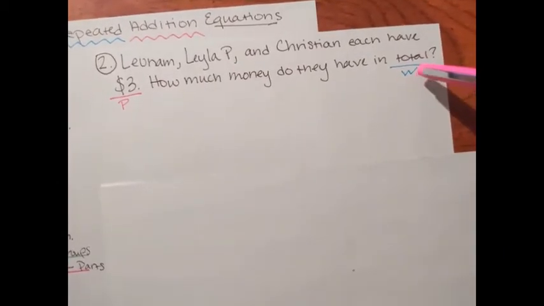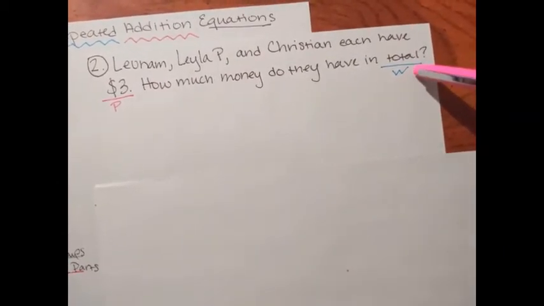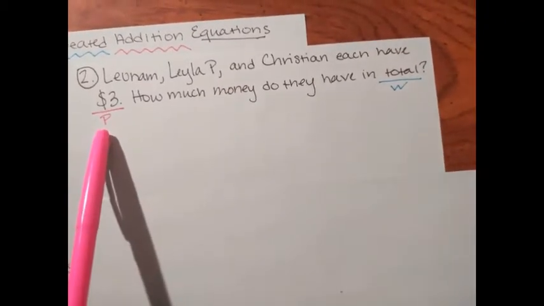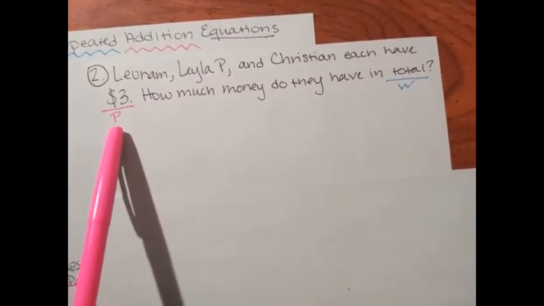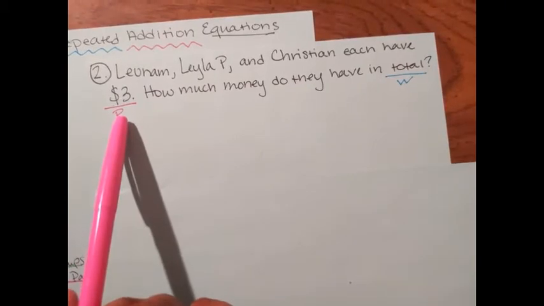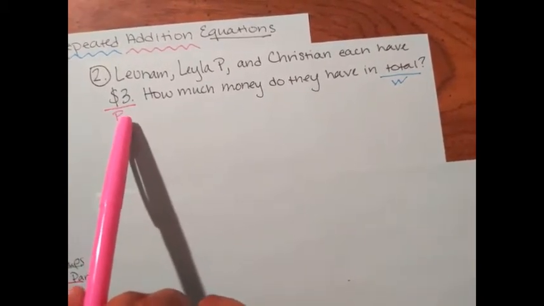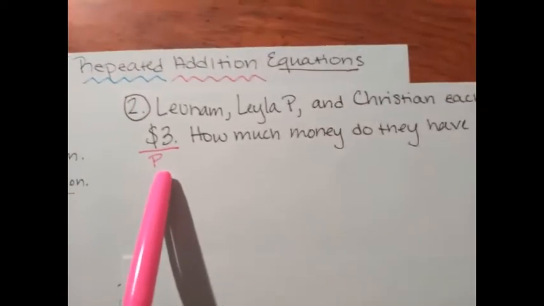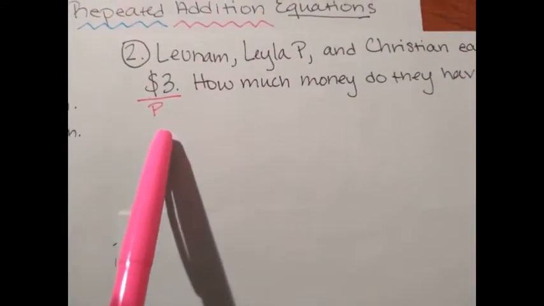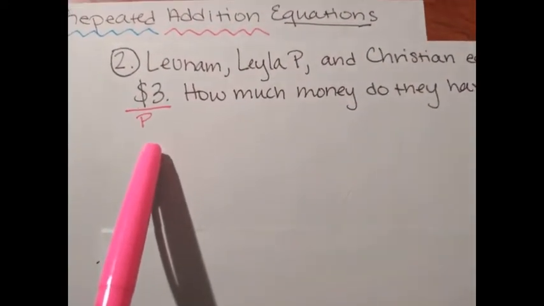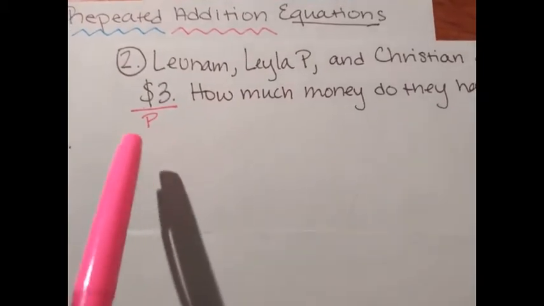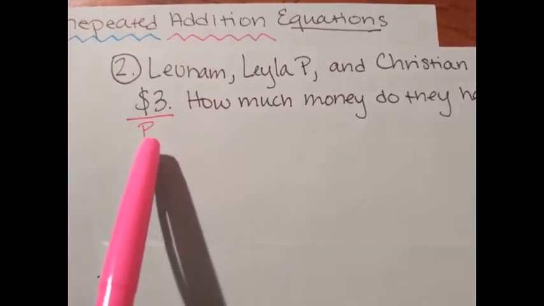So we can find our whole number by adding up the parts. Now, we need to understand how many times our parts will be present because we are doing repeated addition. So, how many times will we write our part?